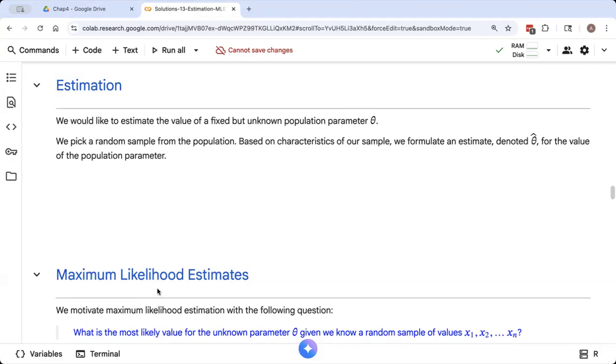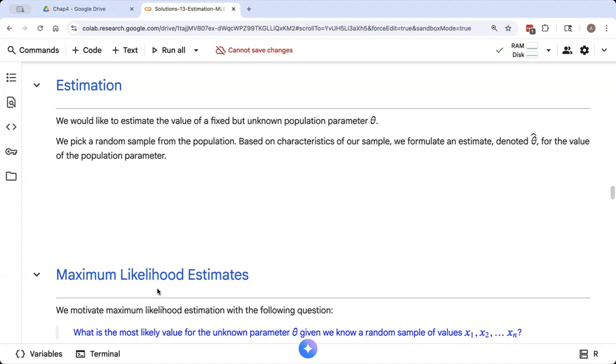But the general goal of estimation is to find or estimate the unknown value of a population parameter that we typically denote with the Greek letter theta. This is a fixed value, but we don't know what that value is. It is summarizing the entire population.